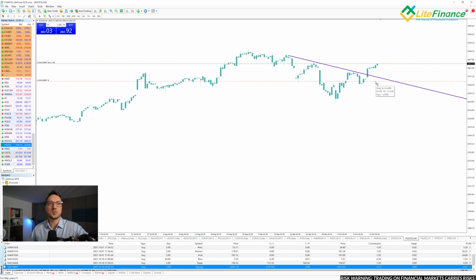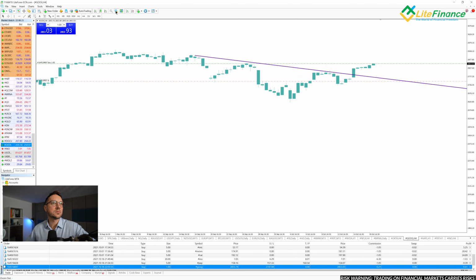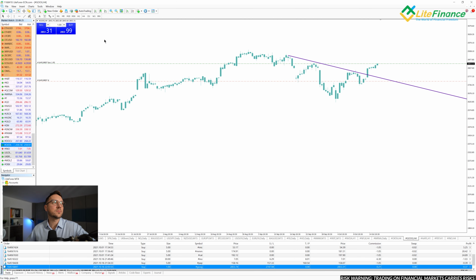So in such scenarios we need to look for another closest good place to set our stop loss. And right here, we have places like support and resistance, and the nearest support is, we can see, over here.